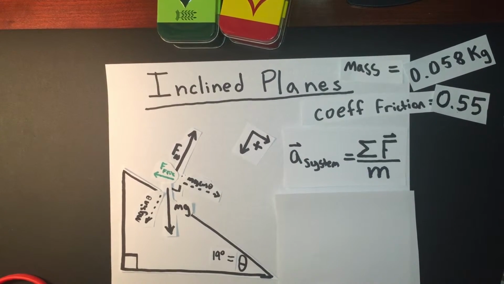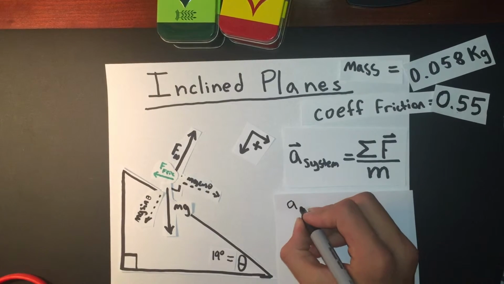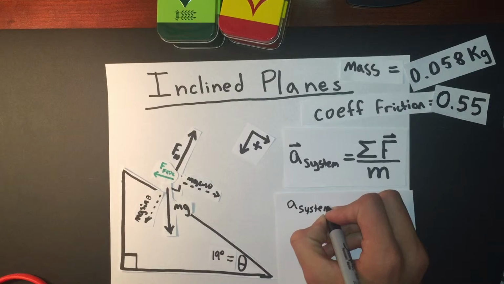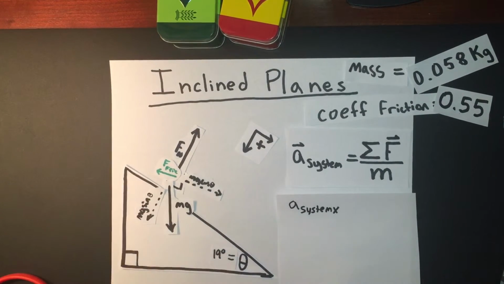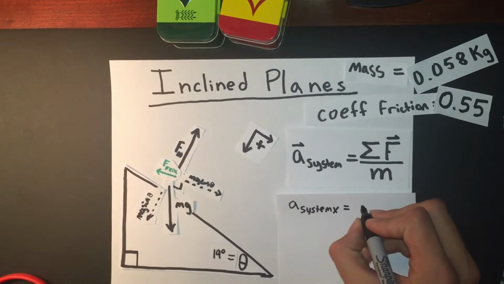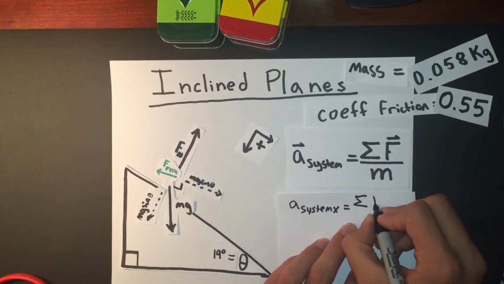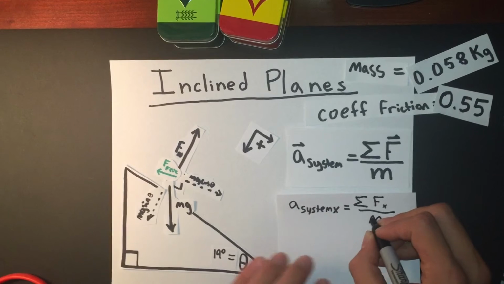We know that since the block is moving down ramp, the friction force faces up ramp. So, the acceleration of the system in the x direction, the up ramp, down ramp direction, is the sum of all the forces in that direction over the mass of the object.